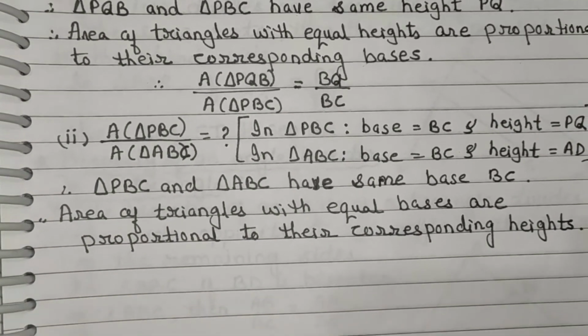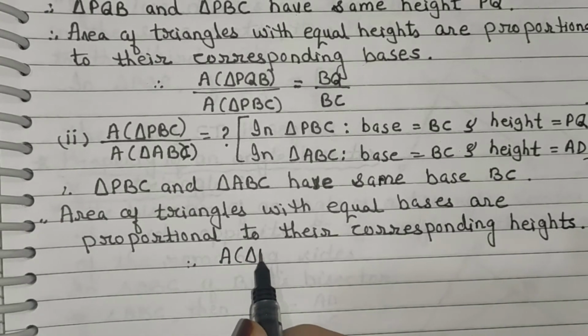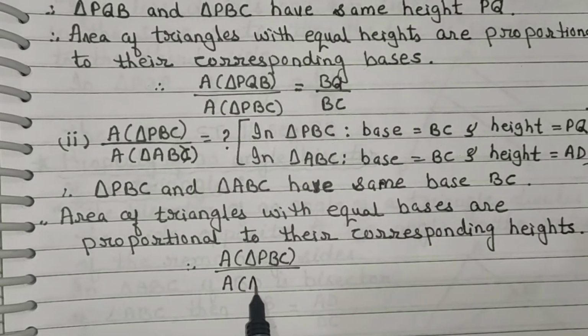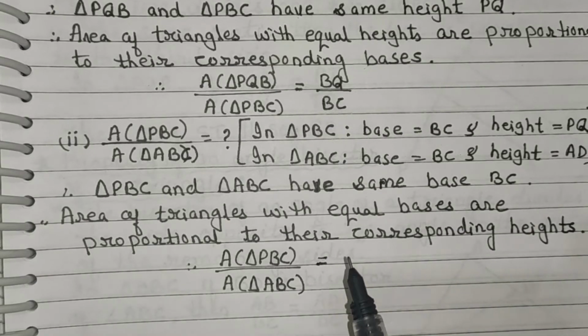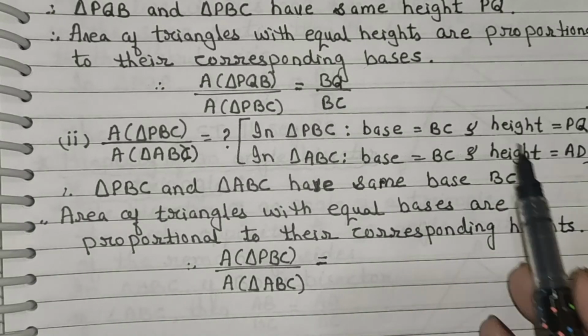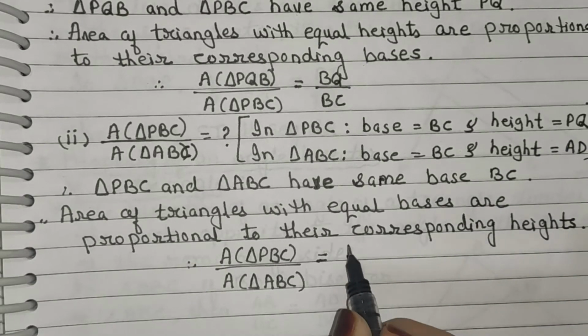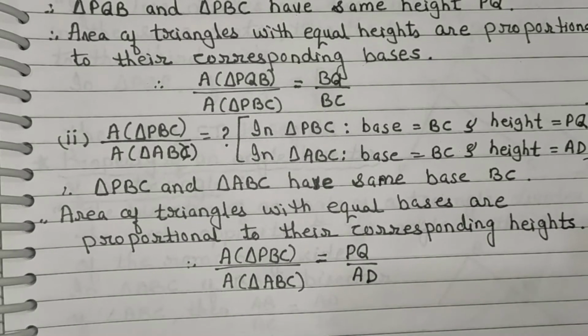Therefore write down here: area of triangle PBC upon area of triangle ABC is equal to, now here bases are equal, therefore corresponding heights are PQ and AD. Write down here PQ upon AD. It is the answer of the second one.